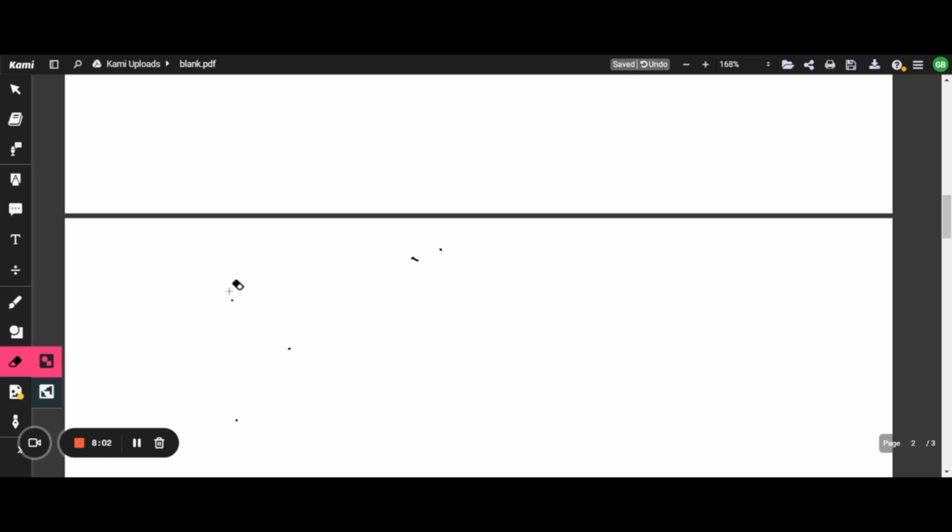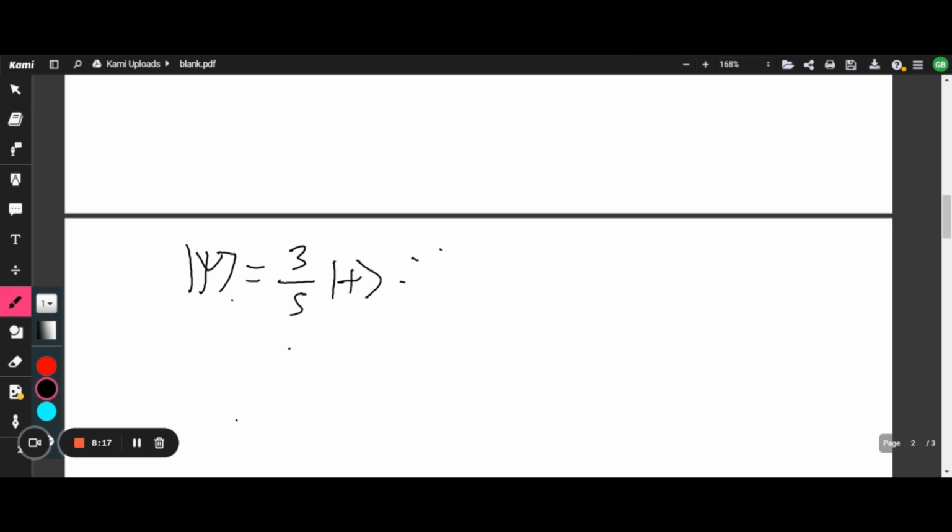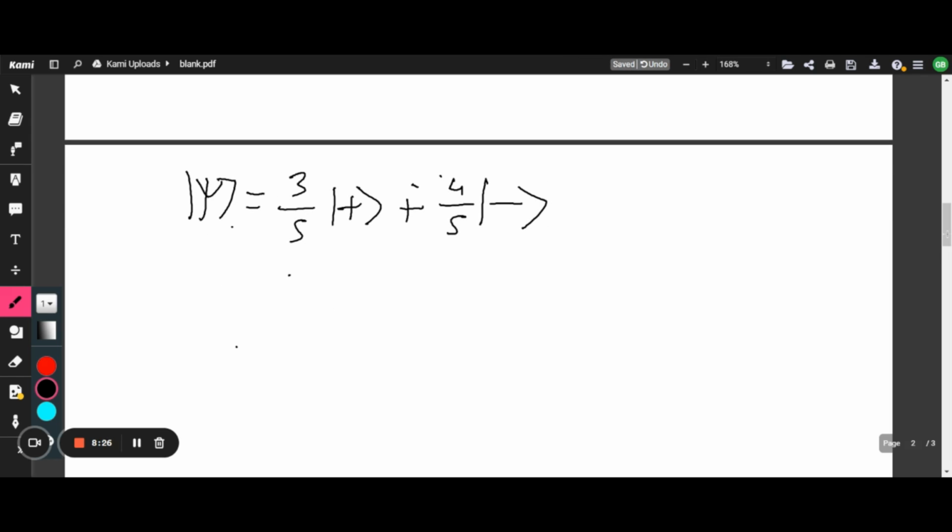Here's an example. We have a function psi equal to, let's say, 3 over 5 spin up plus 4 over 5 spin down. So using the probability equation, let's find the probability of this particle being spin down.